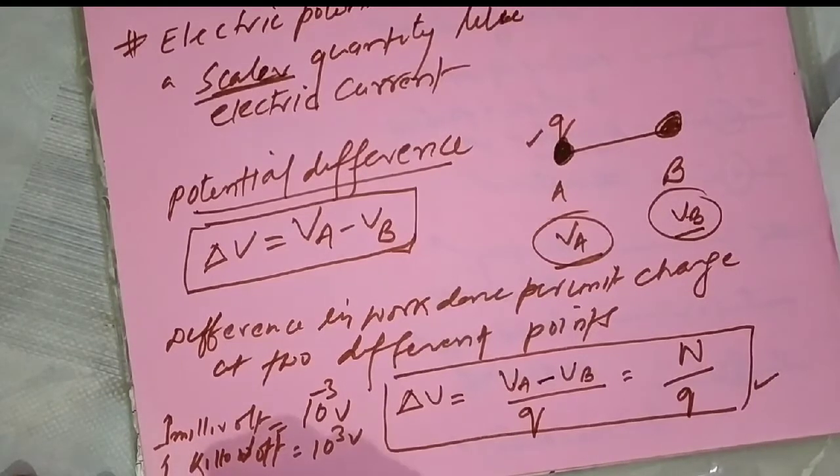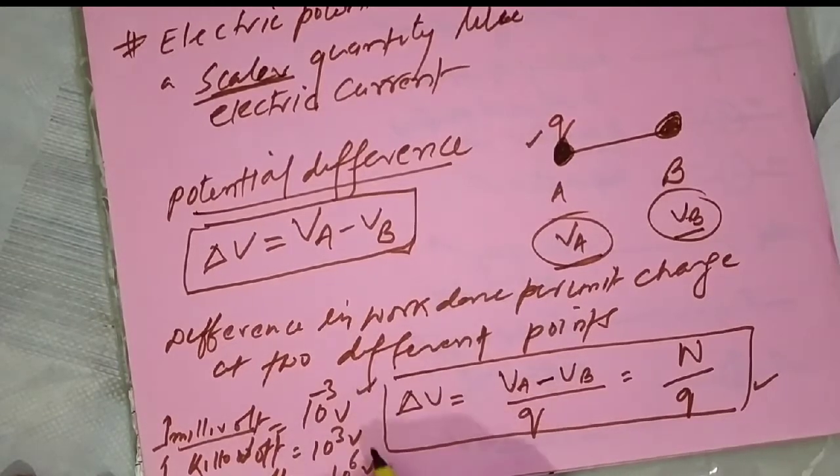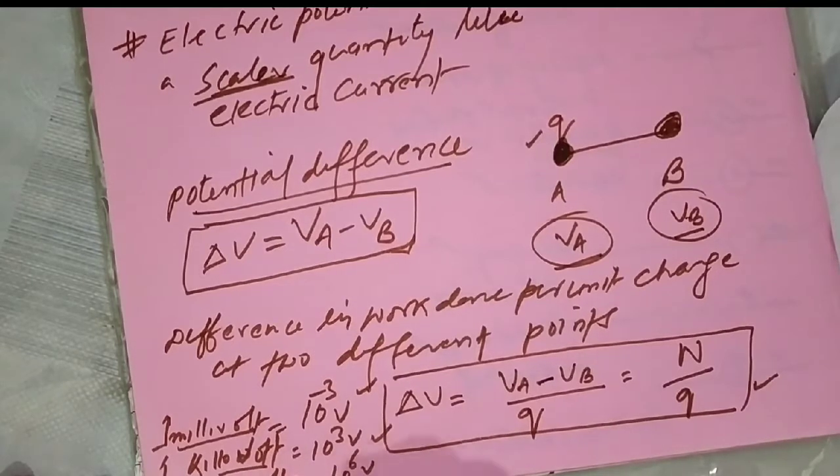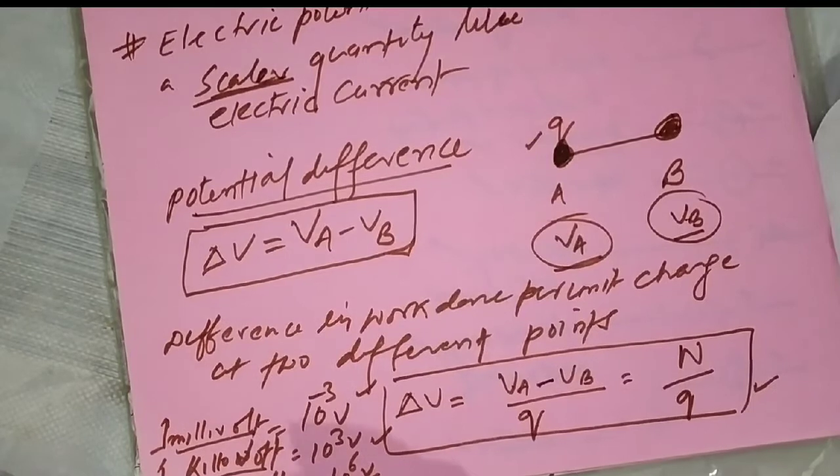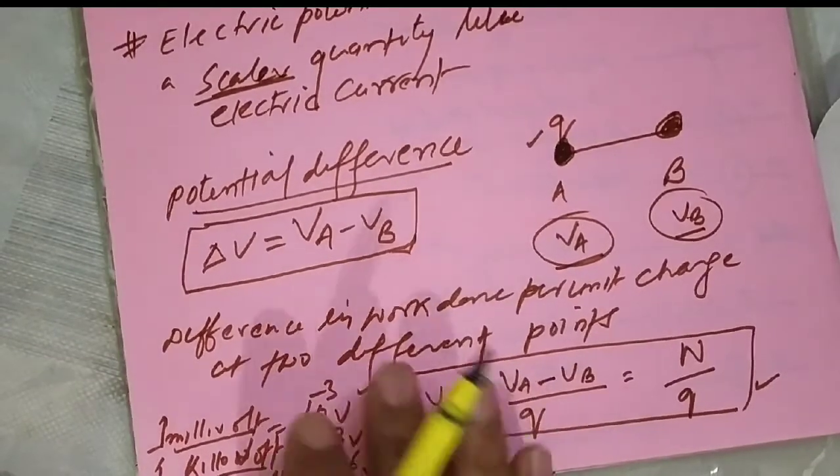And 1 megavolt is 10 raised to power 6 volt. So these are some units of volt potential.